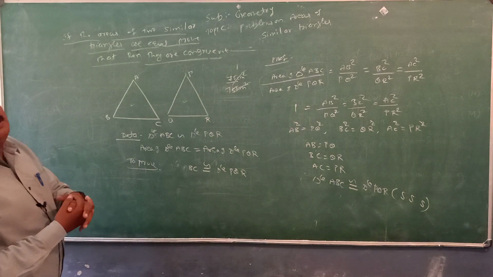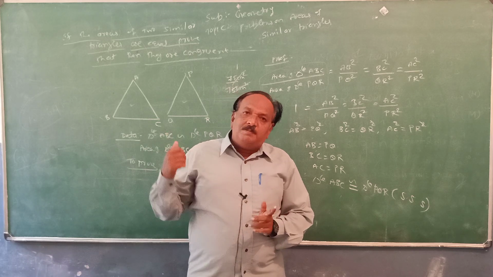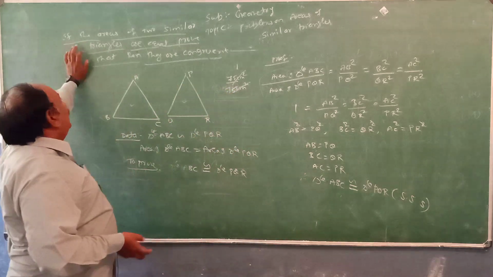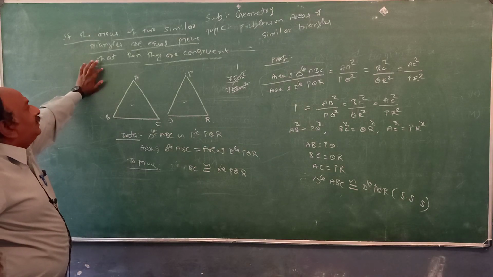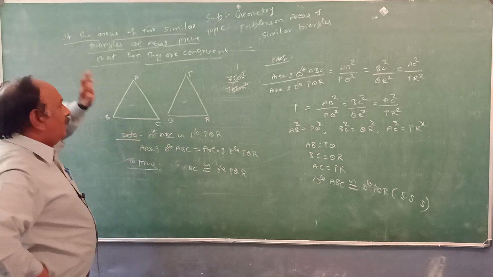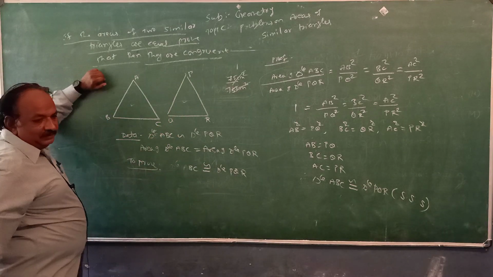My dear students, I want to explain it once again, because for the sake of examination this problem is very important. You have to work out this problem, please. If the areas of two similar triangles are equal, prove that they are congruent. We consider triangle ABC and triangle PQR.